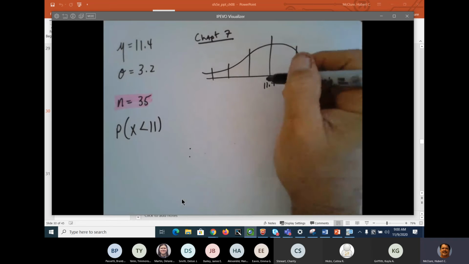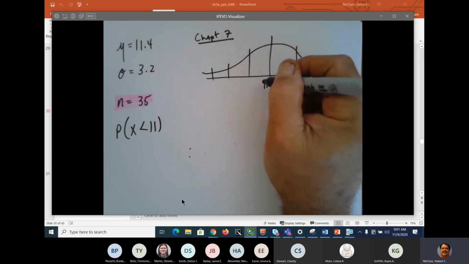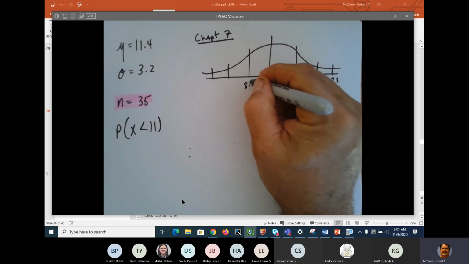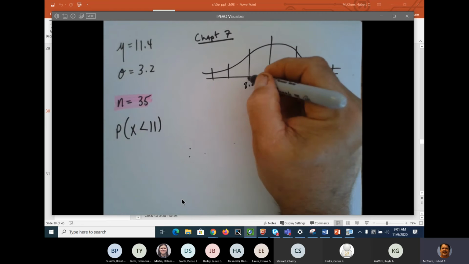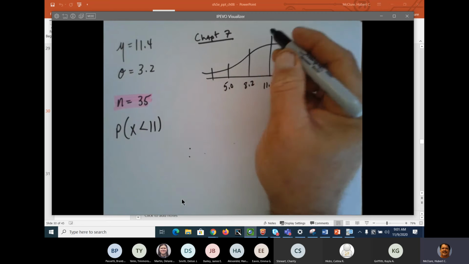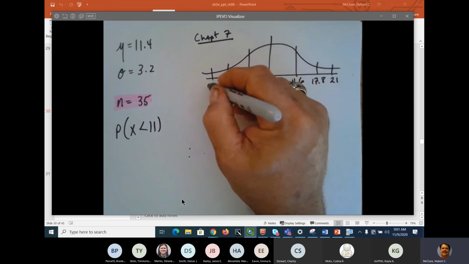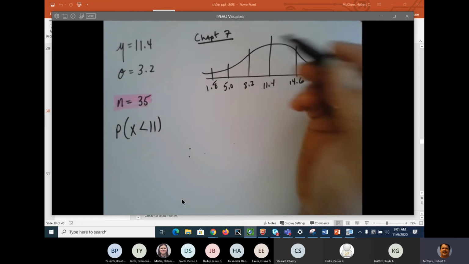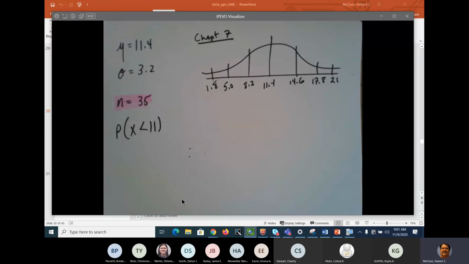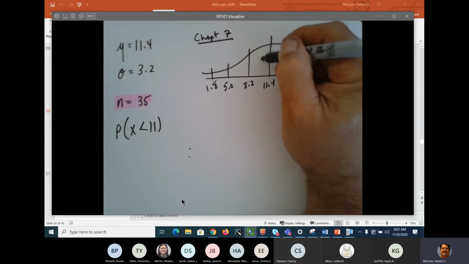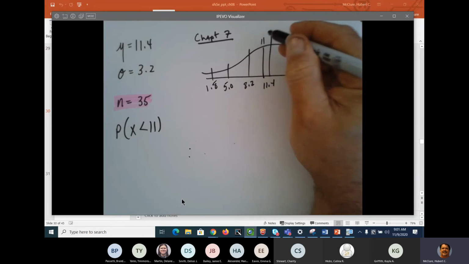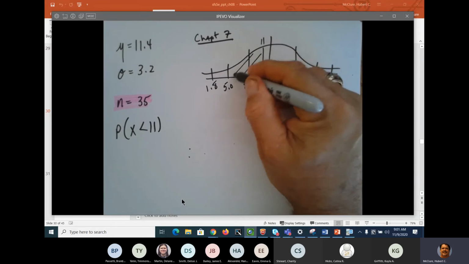And 8.2, 5.0, and 1.8. I hope that's right. All right, and then X is less than 11. So 11 is right here. And they want to know this.